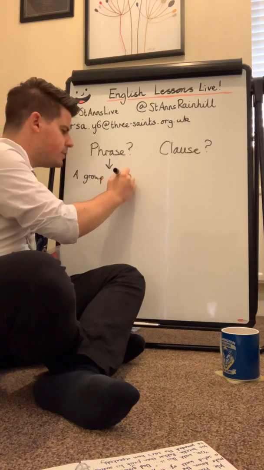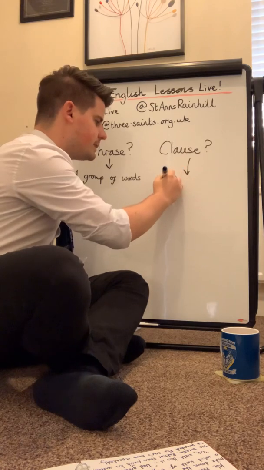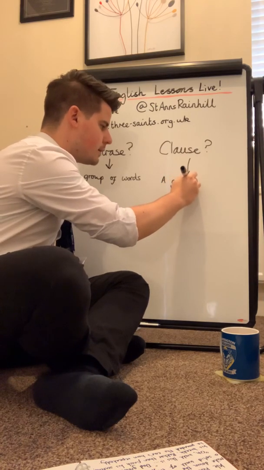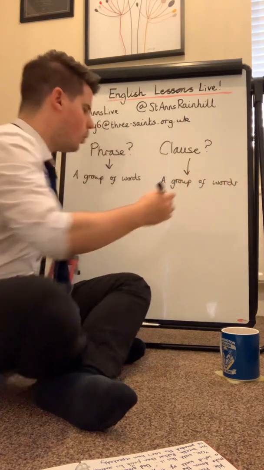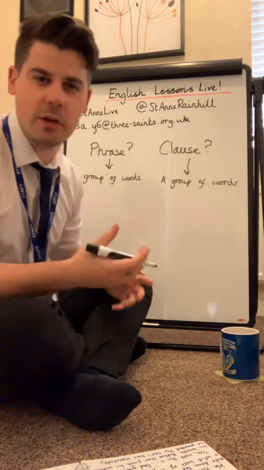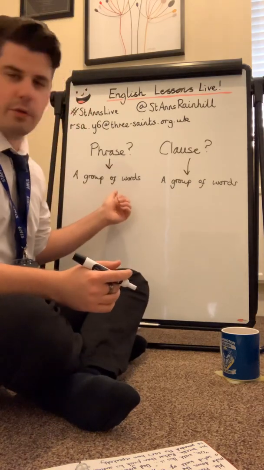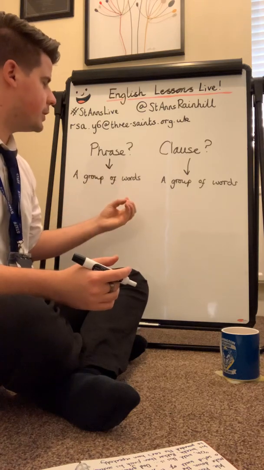We use that to begin with because it's nice and simplistic. And later on, when we start defining more specific phrases and more specific clauses, then that comes in really important. So they're both a group of words.